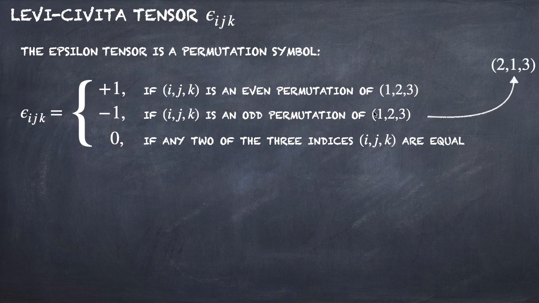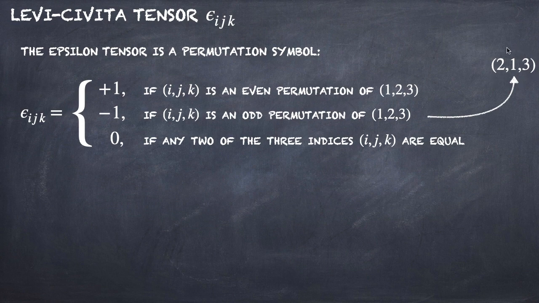So consider this sequence 1, 2, 3. If you do an interchange between 1 and 2, the position of them, this is an odd permutation, one permutation. So now we will have 2, 1, 3.